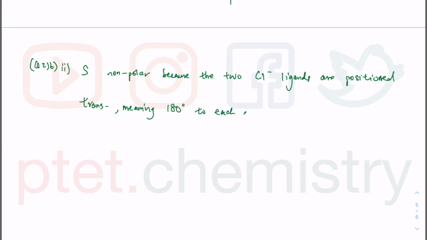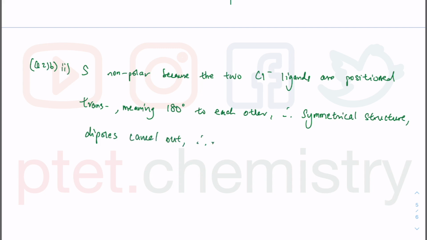Therefore, dipoles cancel out. Therefore, symmetrical. So it has a symmetrical structure. As a result of the symmetry, their dipoles cancel out. When dipoles cancel out, no overall dipole. Therefore, no overall dipole.